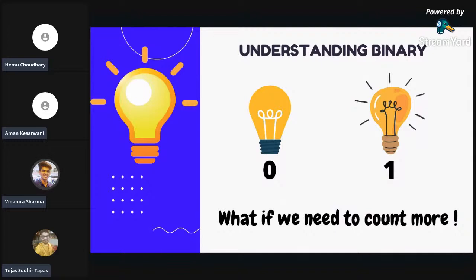I'm giving a very simple example. To understand binary, let's take the example of a bulb. When the supply is off, as you can see at the first one here, it is considered as 0, or you can call it false, which is not true, right?